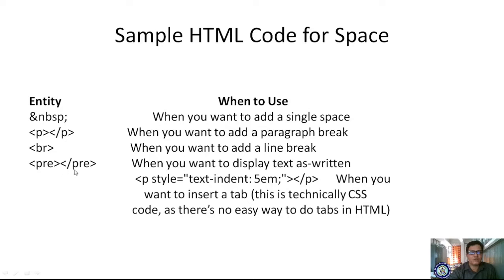And next our concept is the pre tag. Already we have explained this pre tag, right? It is a preformatted tag, used when you want to display text as written. It is somewhat difficult, and we will explain it in your next coming chapter, cascading style sheets.